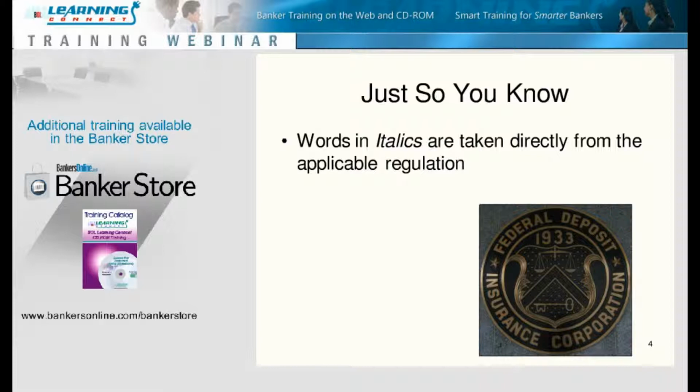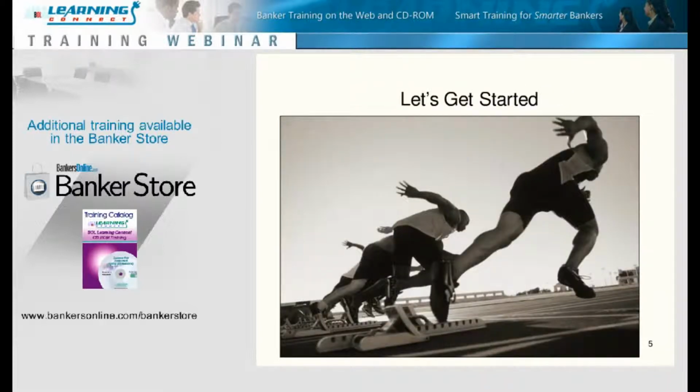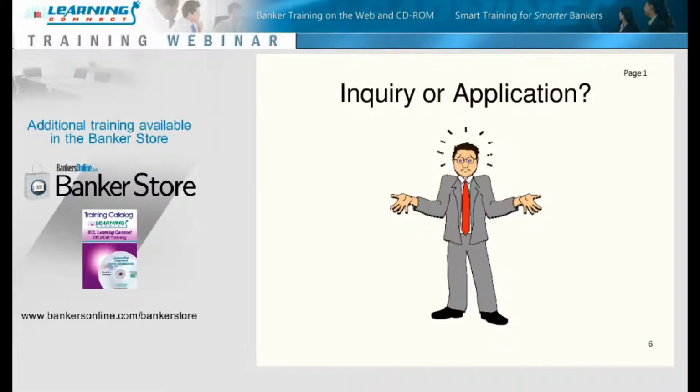On page 1, let's talk about what an application is. But really the big picture first is what's the difference between an inquiry and what's an application? And the cliff notes is that inquiries are when I don't have enough information to make a decision, and I don't give any kind of yes or no answer.